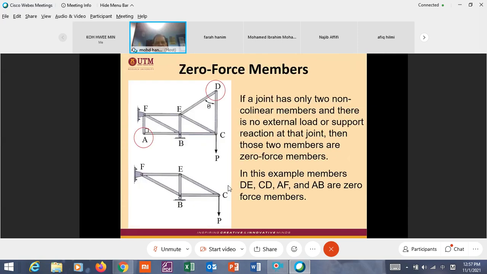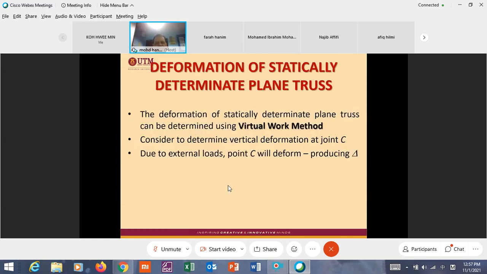And the next lecture will be deformation of plane truss. And next week we'll start with the deflection of stress, bending stress, shear stress in a beam.